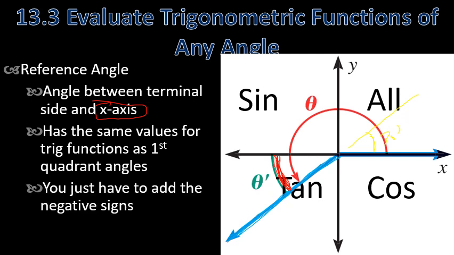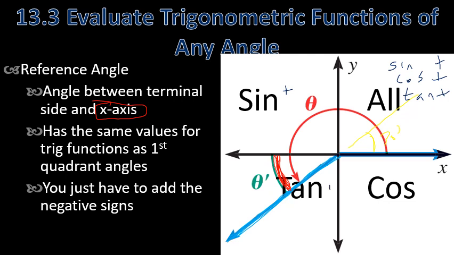Now this little diagram tells you what is positive. So when it says all, that means sine, cosine, and tangent are all positive. For this one, sine is positive, cosine and tangent are negative.